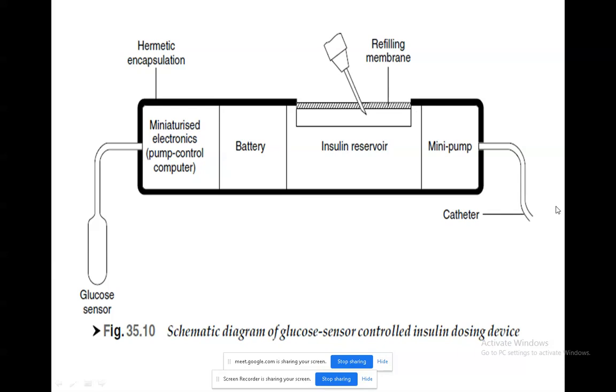Automatically it will inject the insulin into the body through the catheter when the glucose sensor detects a low blood sugar level in the body. This is the sensor which will detect the blood sugar level in the body. Based on that, the insulin reservoir will pump the insulin to the body through the catheter.